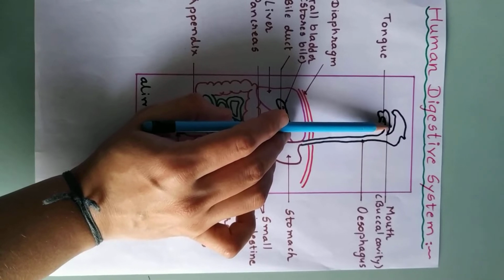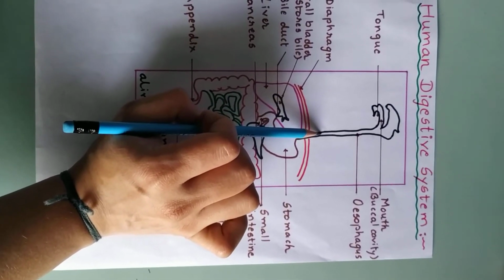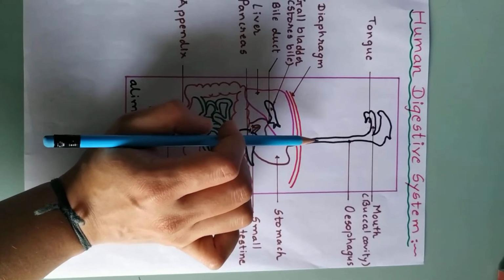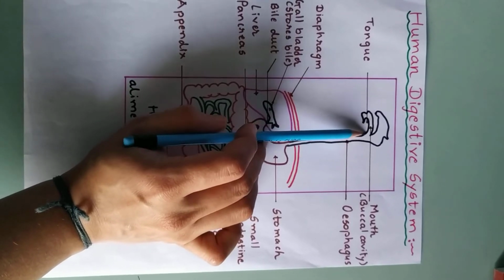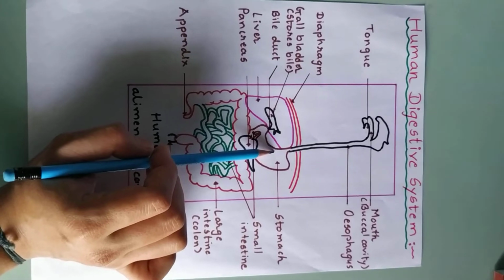Now that food stuff enters the esophagus. The esophagus follows peristaltic movement. By this movement, your food particles slowly and gradually enter your stomach.